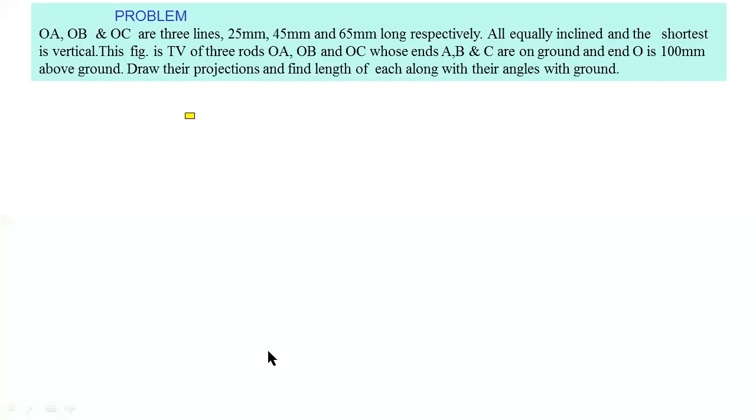Coming to the first problem, OA, OB, and OC are three lines 25 mm, 45 mm, and 65 mm long, respectively, all equally inclined, and the shortest is vertical.